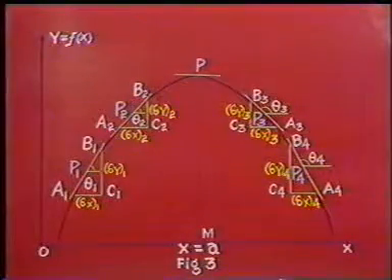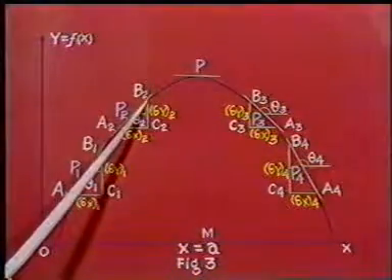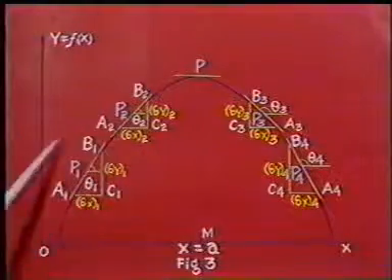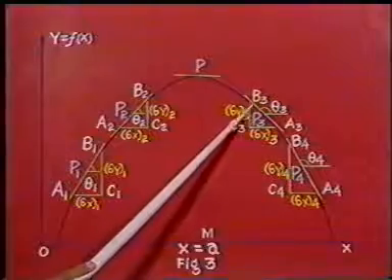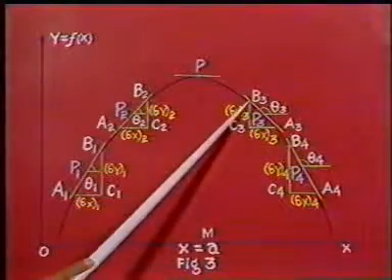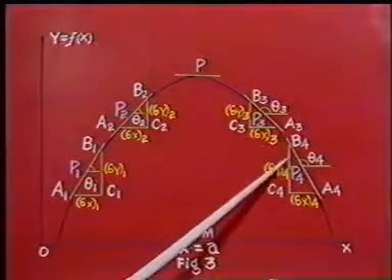Similarly, we shall make right angle triangles A2, B2, C2, B3, A3, C3, and B4, A4, C4.